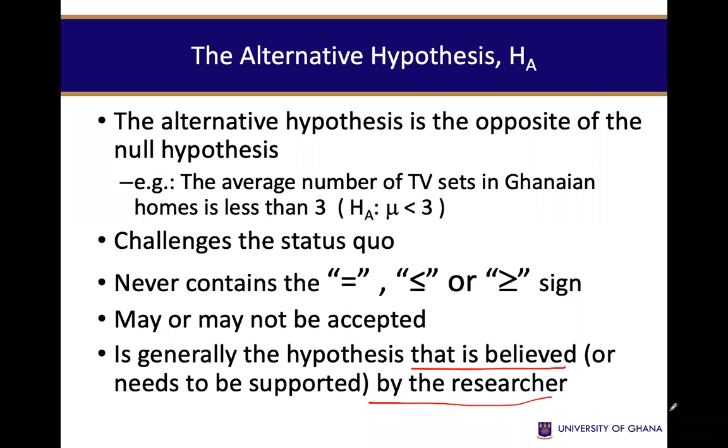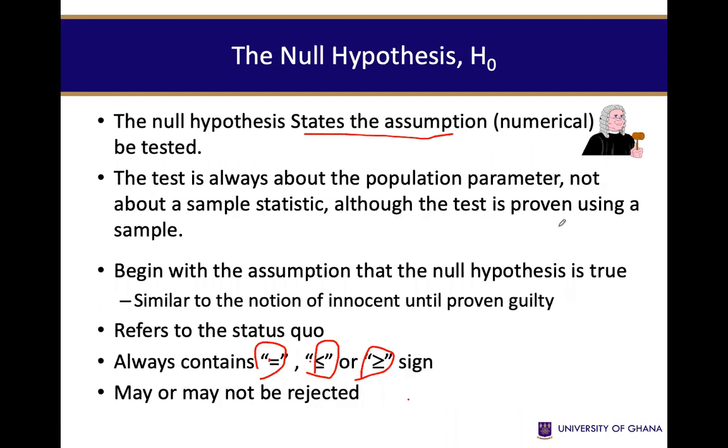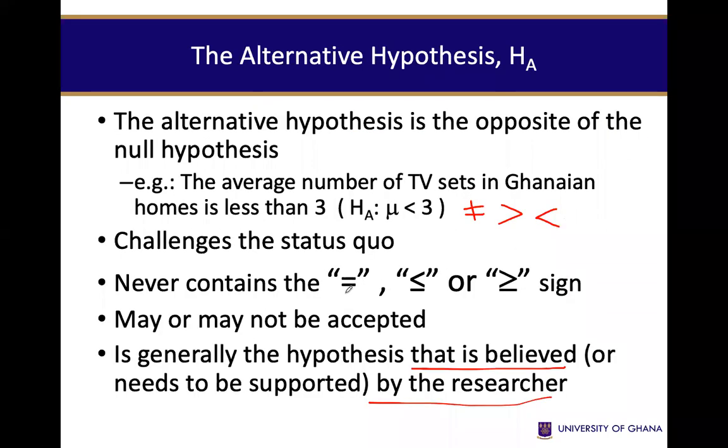So in the alternate hypothesis, you see stuff like the not equal to sign, the strictly greater than sign, and the strictly less than sign. Now, where the null hypothesis has an equal to, its corresponding alternate hypothesis will have the not equal to sign, the direct opposite.